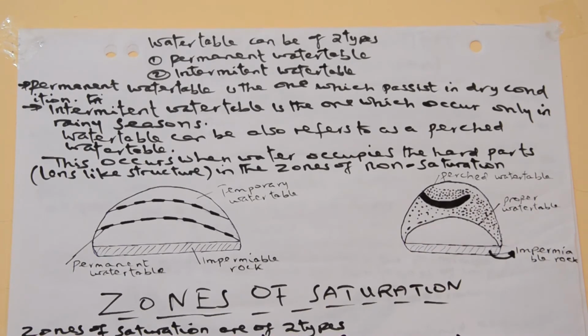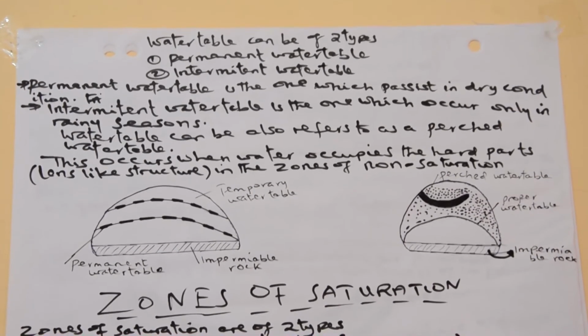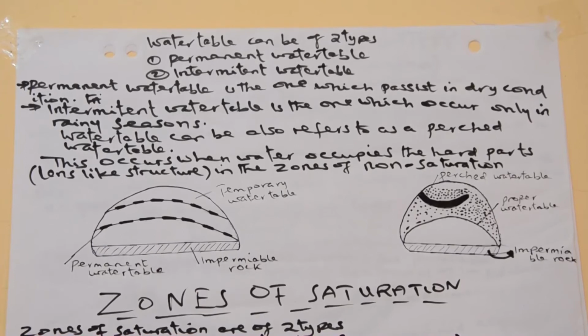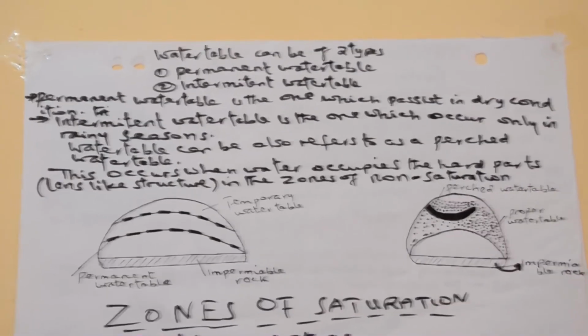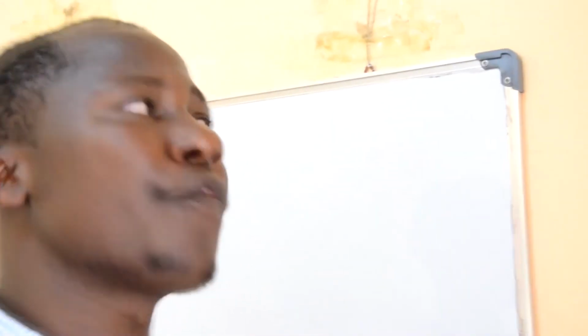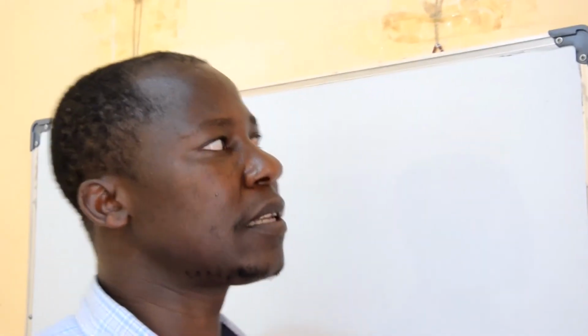Therefore, these two are different in terms of description. The permanent water table is the water table or aquifer which can hold water in wet season and even during dry season. But the intermittent one is the kind of water table which exists during raining.